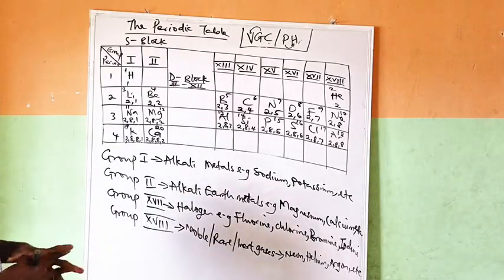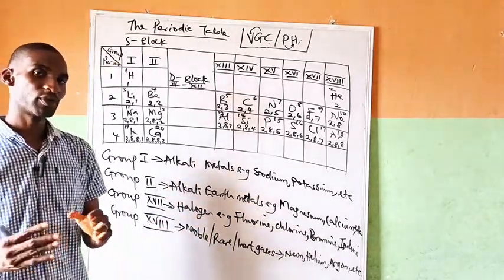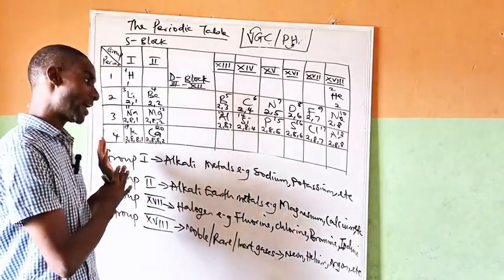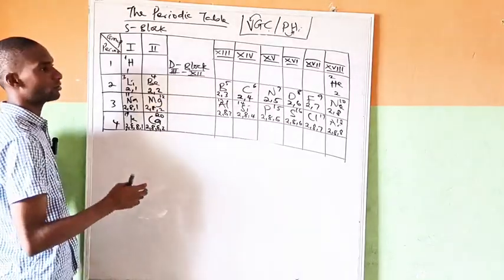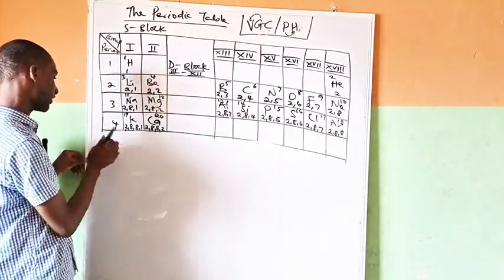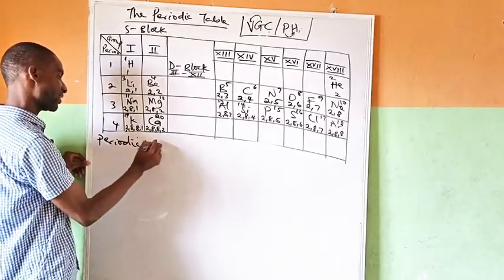So the next thing we will be talking about is periodicity and the periodic properties, how they increase and decrease across the period and down the group. When we say periodicity, you could be asked to define it.